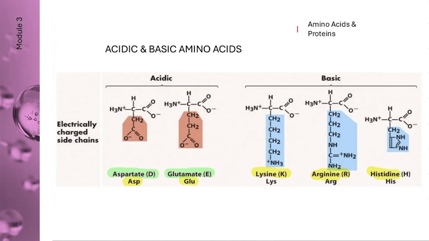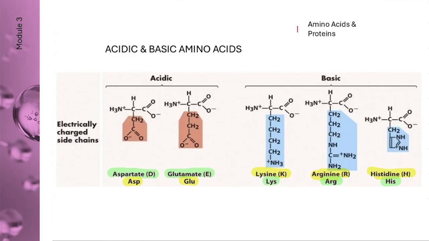Histidine, H. The 3-letters are LYS, ARG, HIS. So it may sound a bit confusing now, but you will get used to it, and just take your time to learn the first letter and the 3-letter of the amino acids.